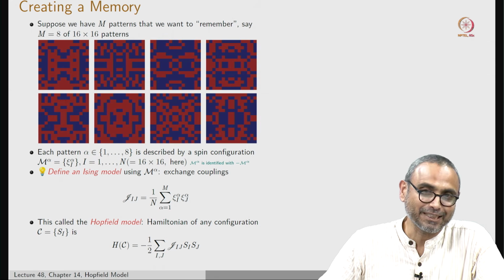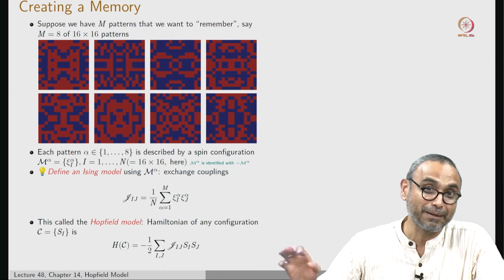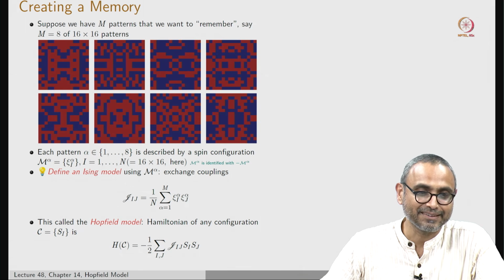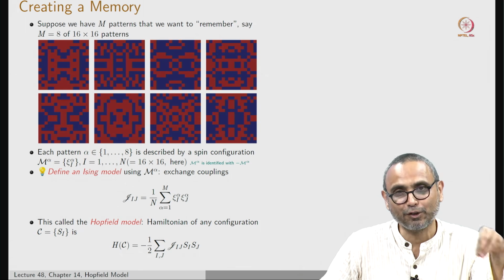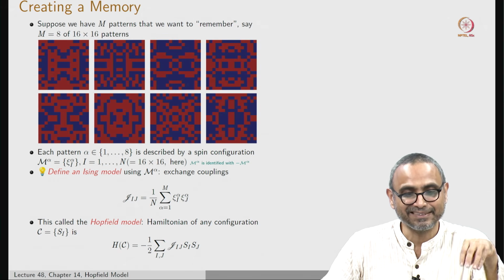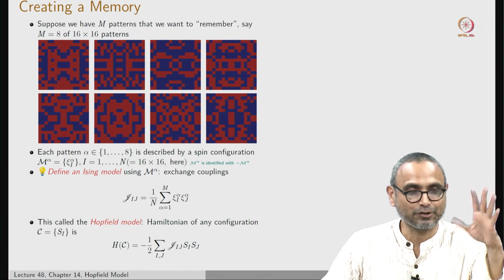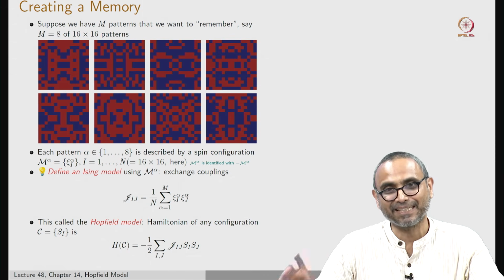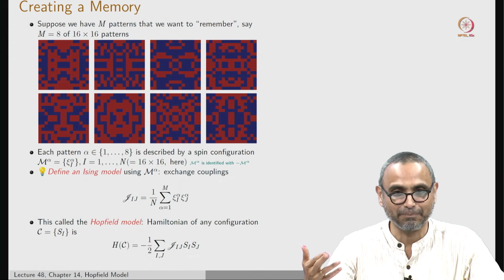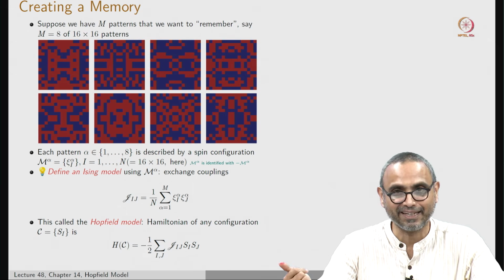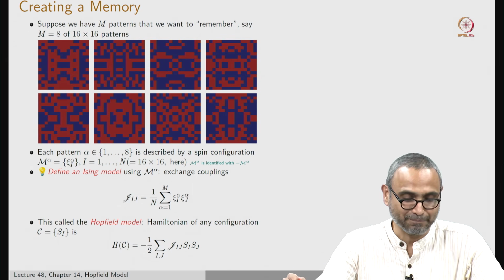Now I am going to show you that the Hopfield model can serve as a memory. So far we have thought of the spins as representing a picture. We are imagining that we are taking a picture, pixelating it, and then there is the black or white, or red or blue in our case, and we are just coloring it, and that's the picture.